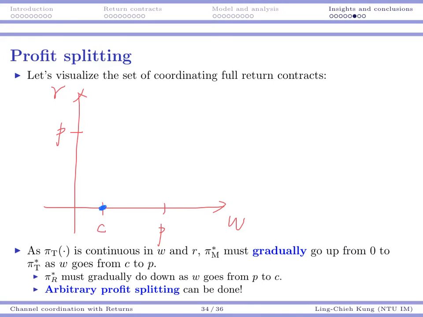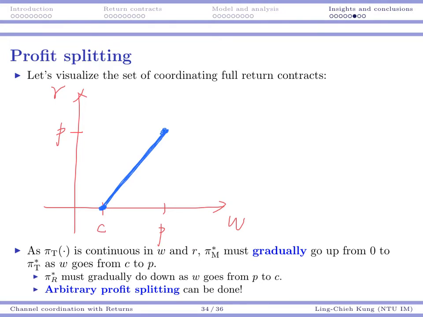When W is P, your return credit should also be P. Because that function is linear, it will just be this line. If you choose W and R so that the WR pair is located on this particular line segment, then the system profit will be maximized.